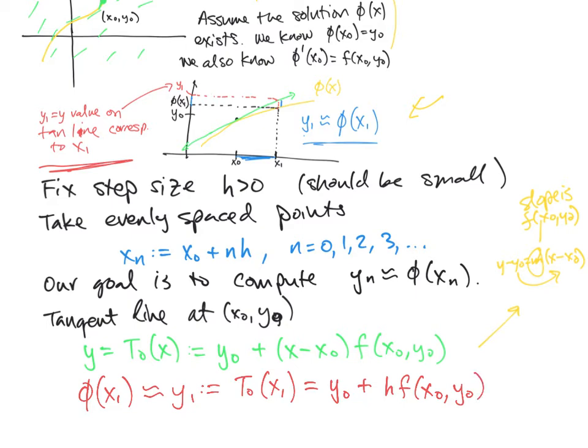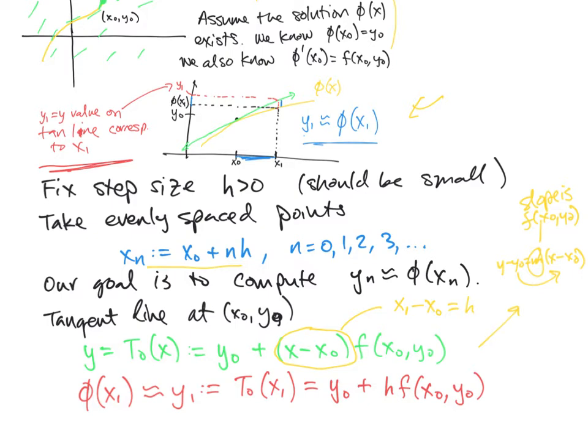And that h comes from x1 minus x naught, so look at the definition of the x's. The two points are separated just by an h. That's exactly how we defined the x's.